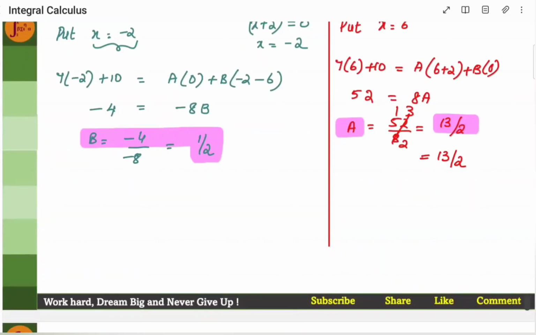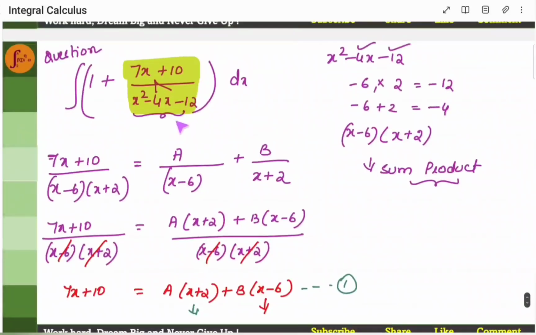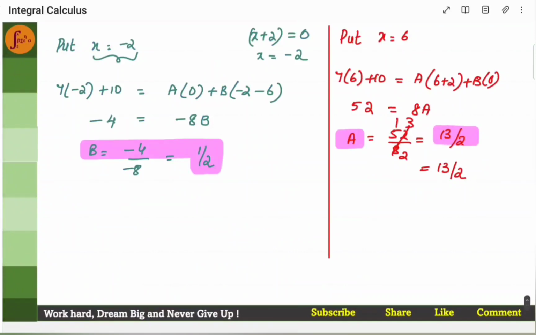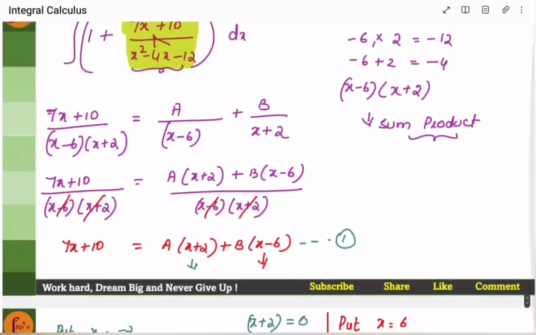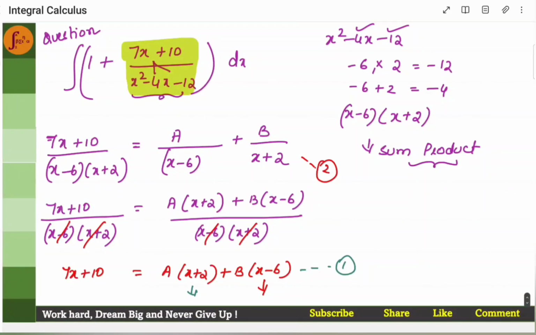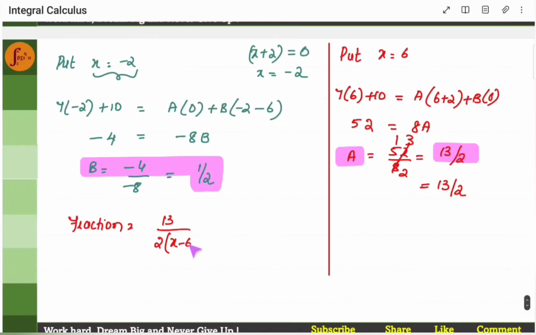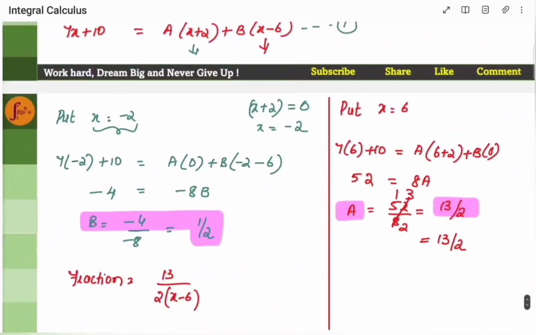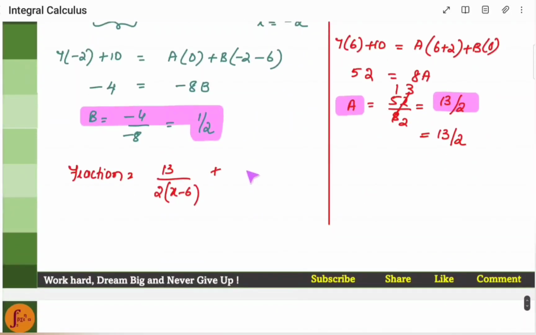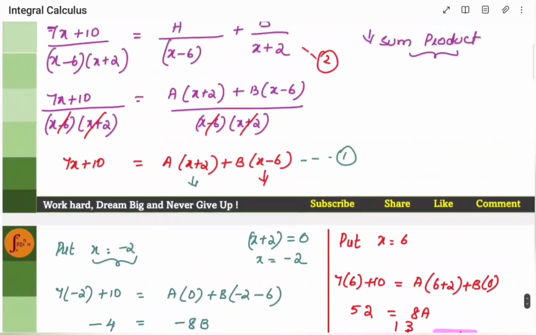Now I'll substitute both of these in the original function. The partial fraction would be a, that is 13 by 2, into x minus 6, plus b, b is half, into x plus 2.